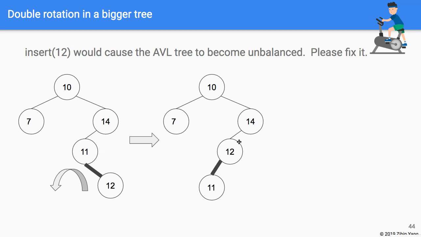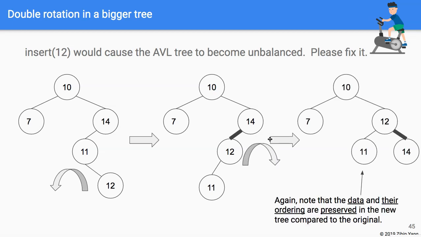And then we do a right rotation in the top connection. So we bring up the node 12 to be the root of the subtree, and we put 14 below it, and we keep the 12 connection with 11. So again, just notice we are preserving the data, we're preserving the ordering, and now it's just more balanced.